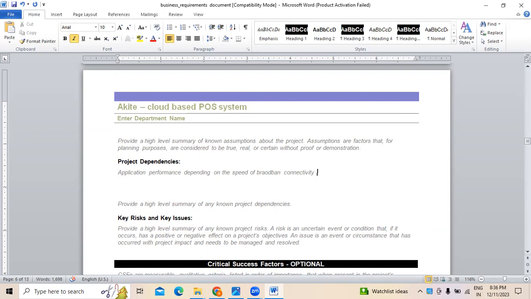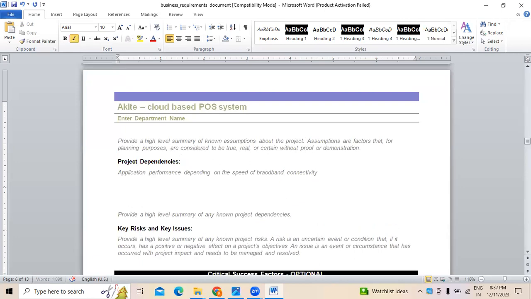Assume that the customer is finding difficulty with the broadband connection. For example, their internet connection is not good, right? So however well we have developed the cloud-based application, it doesn't have any value because the internet speed was not so good. Automatically, that will impact the performance of the application, right?